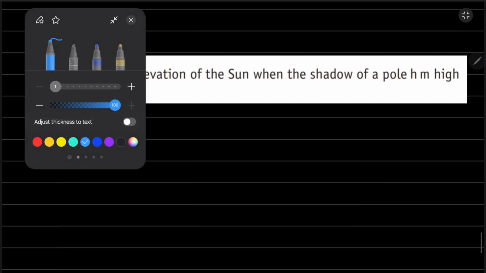Yes, this is again a very easy question. Find the angle of elevation of the sun when the shadow of the pole h meter high is root 3 h meter long. Let's draw the diagram. So you have a pole of height h. Okay. And the shadow of the pole is root 3 h meters.